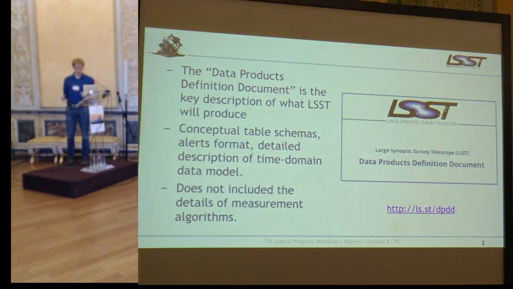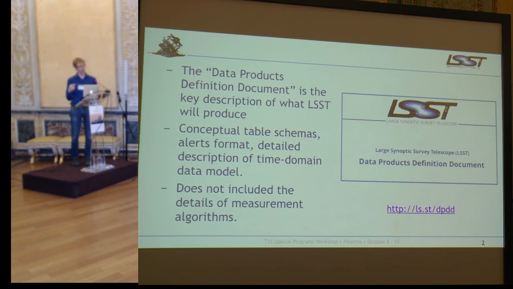The most important thing here is that everything I'm describing is all written down in what we call the Data Products Definition Document. If you go to that link, ls.st/dpdd, that is the high-level document describing exactly what goes in the database, what all the fields are that we're measuring, and how those different tables relate to each other.